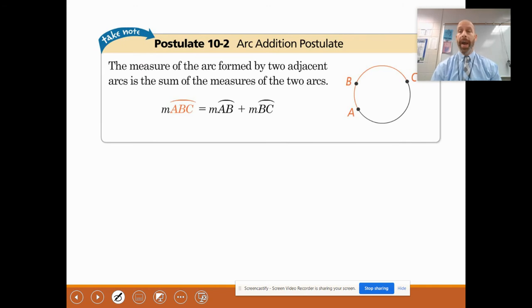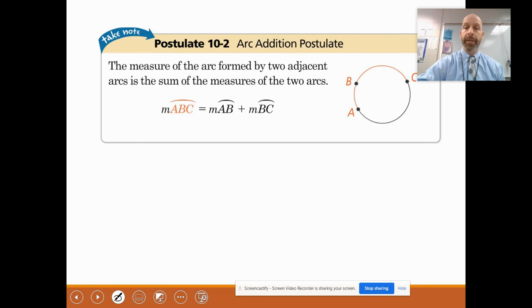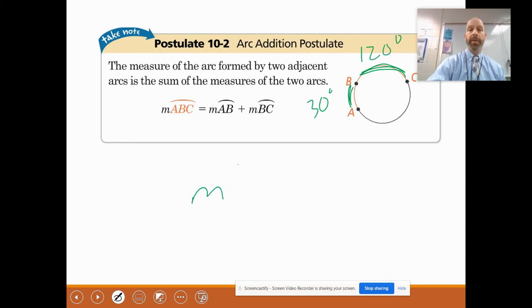Now, hopefully you remember angle addition postulate and segment addition postulate. We also have arc addition postulate, and basically here's what it says, and I think it's pretty intuitive, but let me explain it. If the measure of this arc is, let's say, 30, and the measure of this arc, which is also a minor arc, is, let's just say, 120, then what is the measure of arc ABC?